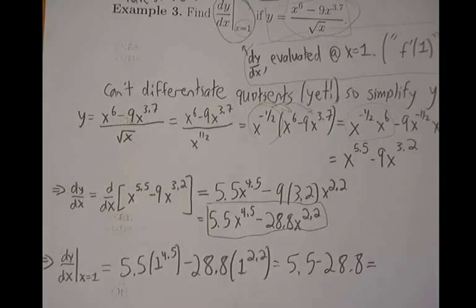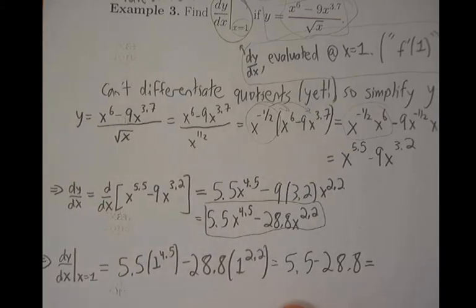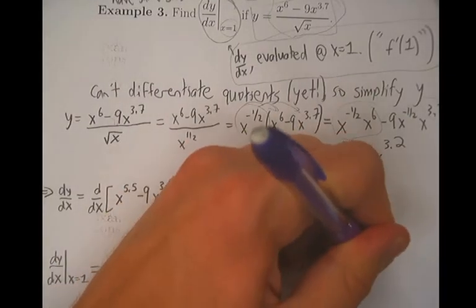If we were to simplify a bit further and plug this into a calculator, what would we end up with for our decimal version of our answer? Yep, negative 23.3.